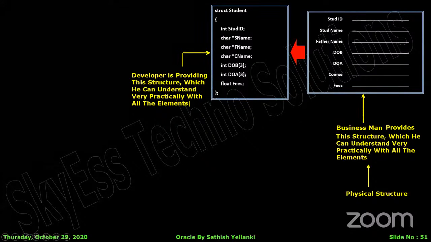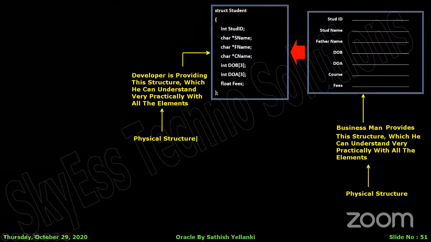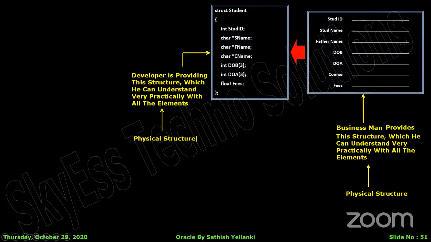Are you catching my point? Now, according to the developer's perspective, that is a physical structure for him. Am I clear? Because the developer is the owner of this particular structure. So according to the developer, that C language structure is a physical structure for him.